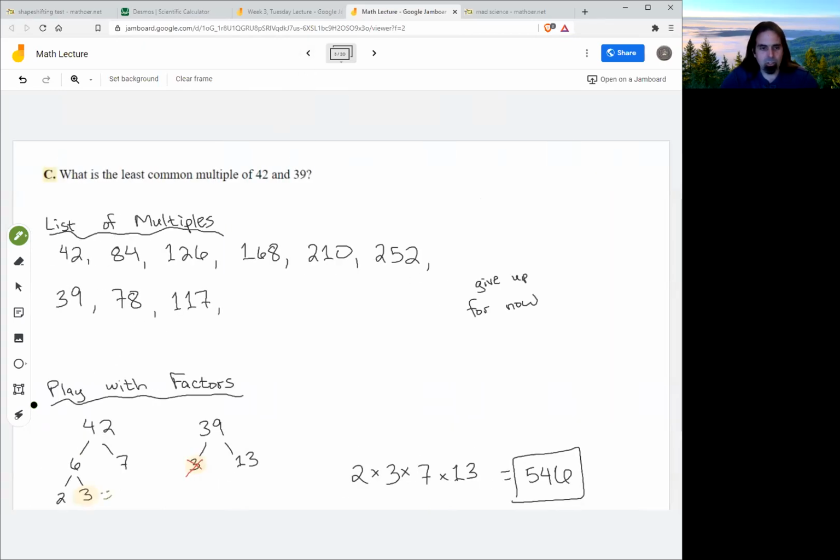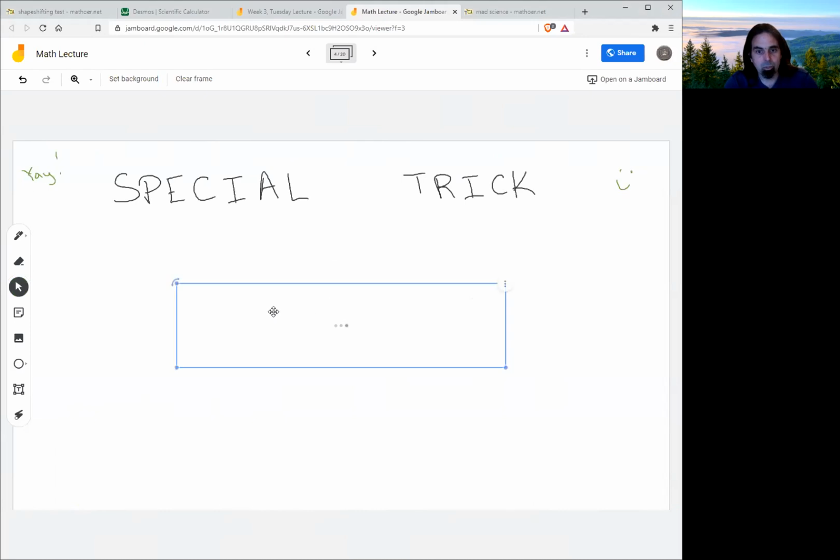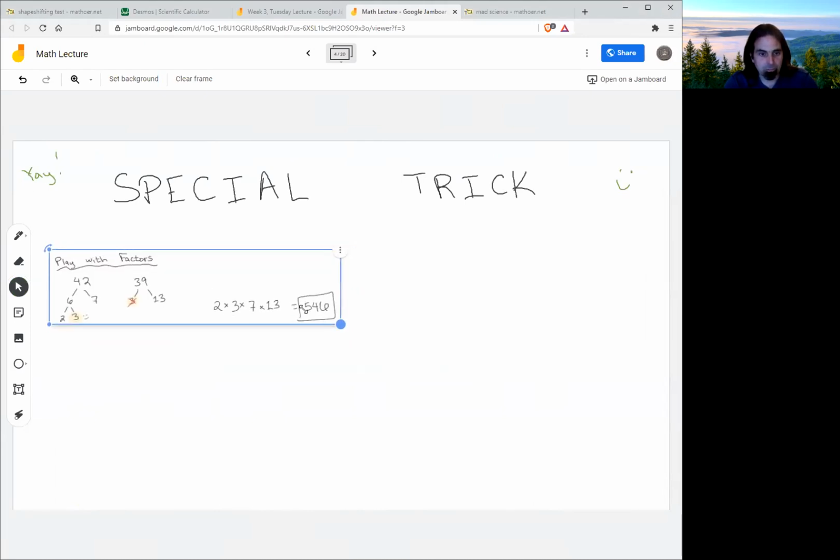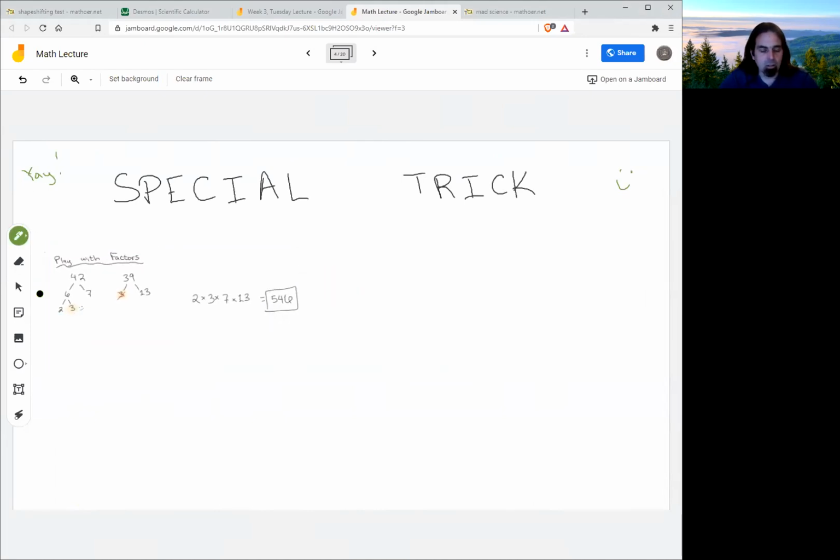So look at what we just did here. When we were playing with factors, we had a least common multiple that was the 546.